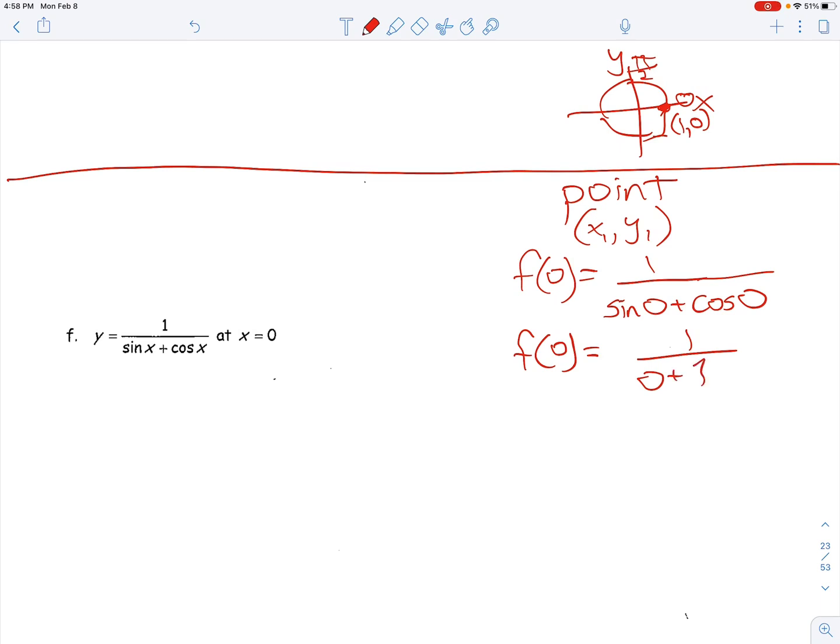So that point is 1, 0 at 0 radians. The cosine is the x value, so the cosine of 0 is 1. The f of 0 here is 1 over sine of 0, which is 0, plus cosine of 0, which is 1. So the f of 0 is equal to 1. That's your point, 0, comma 1. That's my x1 and my y1.